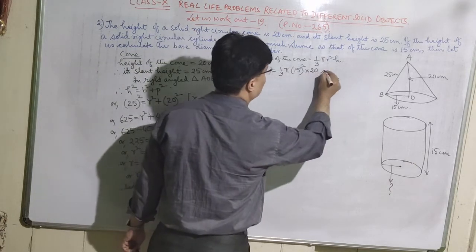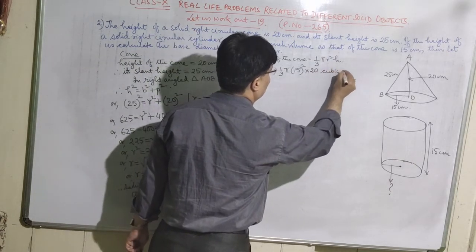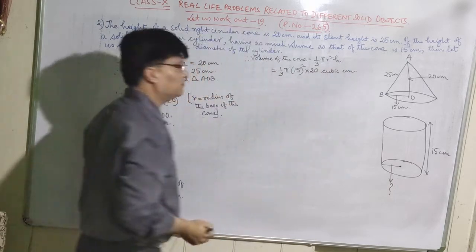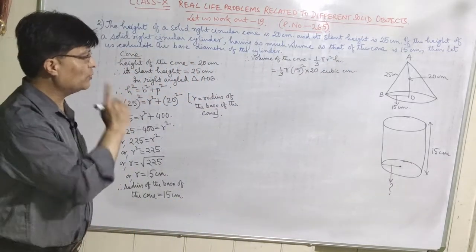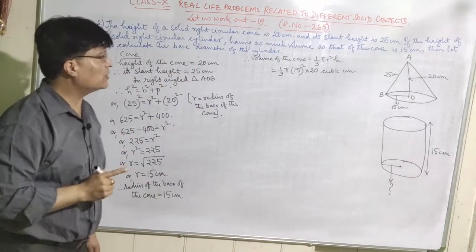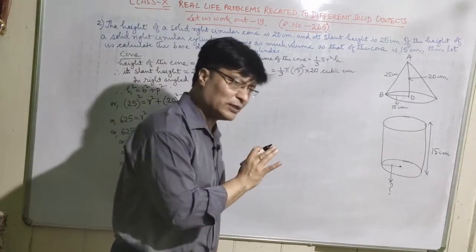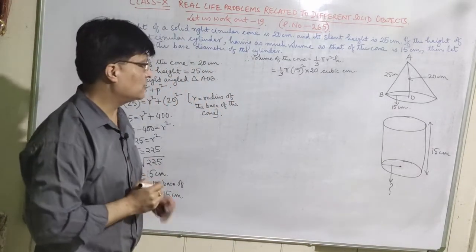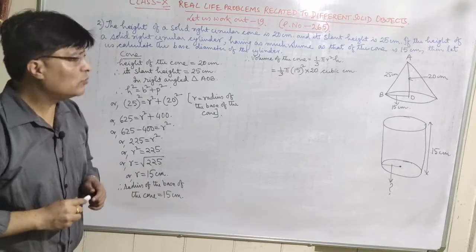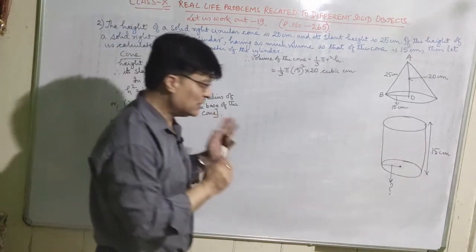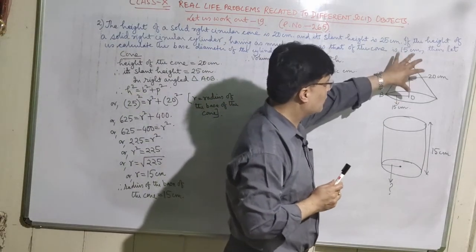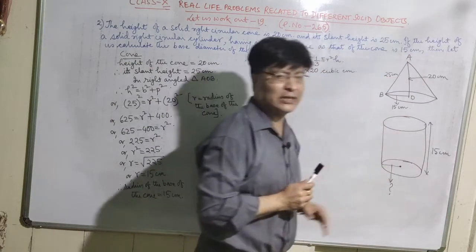The unit is cubic centimeter. So this is the volume of the cone. Let us keep it as it is, don't simplify it. Now you know it is given in the question that the volume of the cone is equal to the volume of the cylinder.